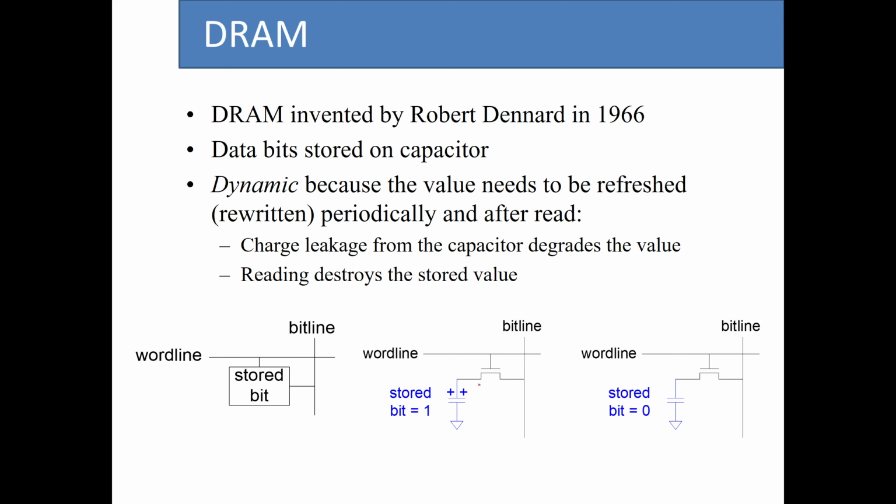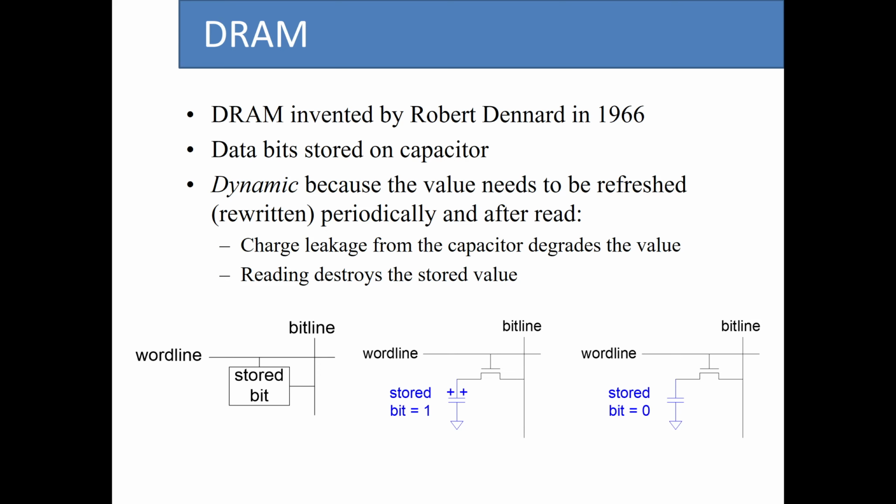We have a MOSFET transistor here that is connected to a capacitor. If we want to store the data with value 1, we store some electric charge on this capacitor, and that is representative of a bit 1. If there is no charge here, that is representative of bit 0.